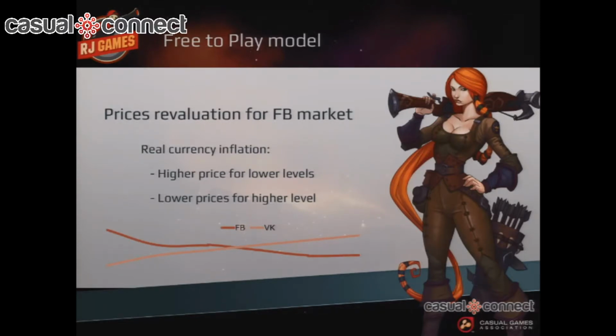At the first steps of the game, the player receives goods of high quality for little money. Closer to the end of the game, they receive low quality virtual goods for a high amount of money.